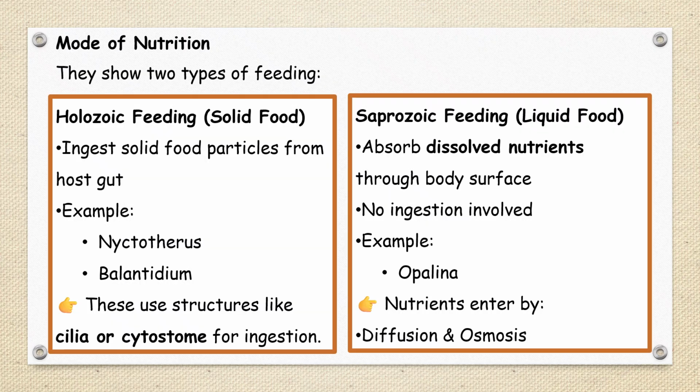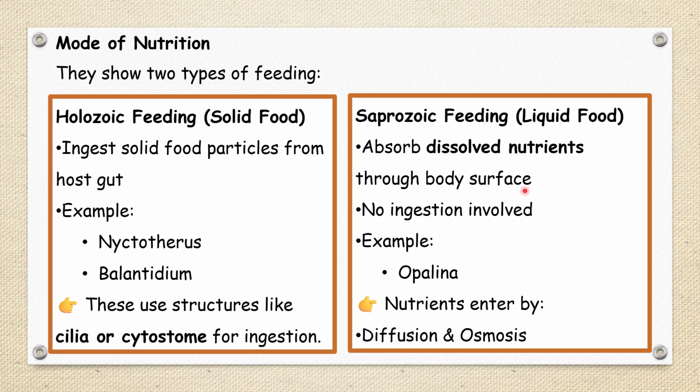So how are these food robbers going to collect food particles from the host body? For that, they exhibit two different processes: holozoic, which involves ingestion, digestion, absorption, all these steps, right? On the other hand, saprozoic, where they absorb the dissolved nutrients directly.